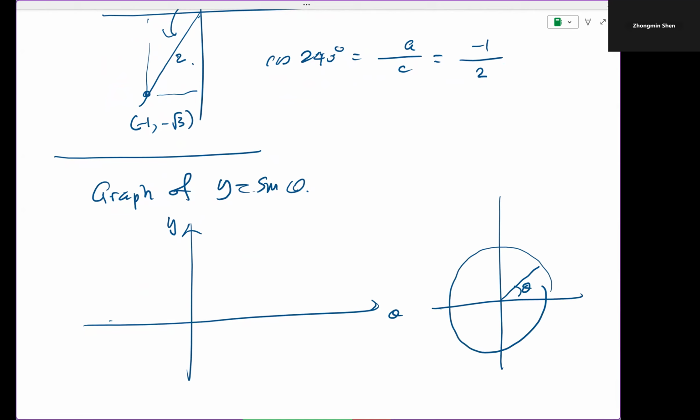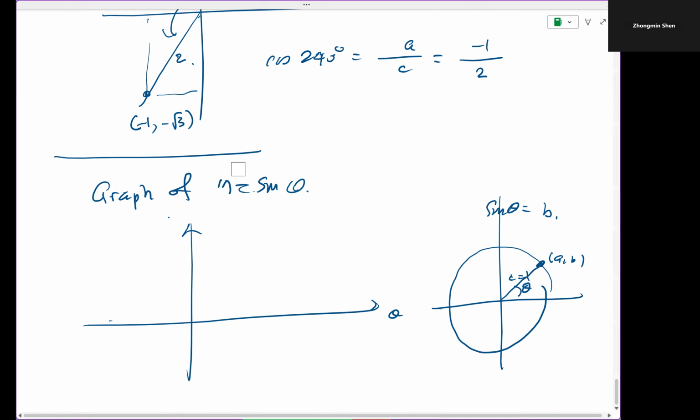When theta increases, and this C is going to be what? And here's A and B. If C is 1, then sine theta is going to be B, right? Because B over C is just the B value.